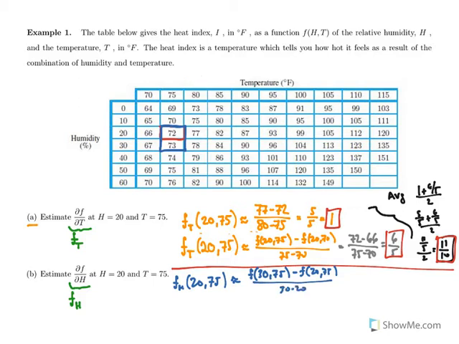So now our inputs here are these humidity percentages, 30 and 20, and then our outputs are given by the same things in the table. So this will give us 73 minus 72 over 30 minus 20, or 1/10.